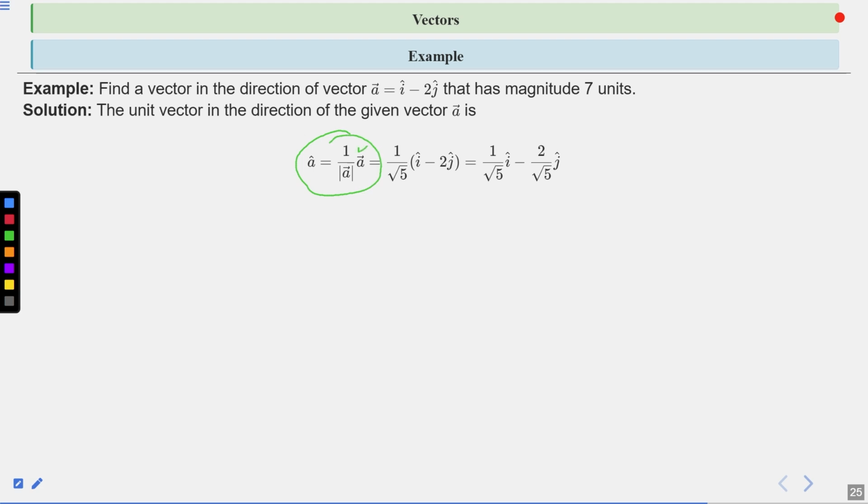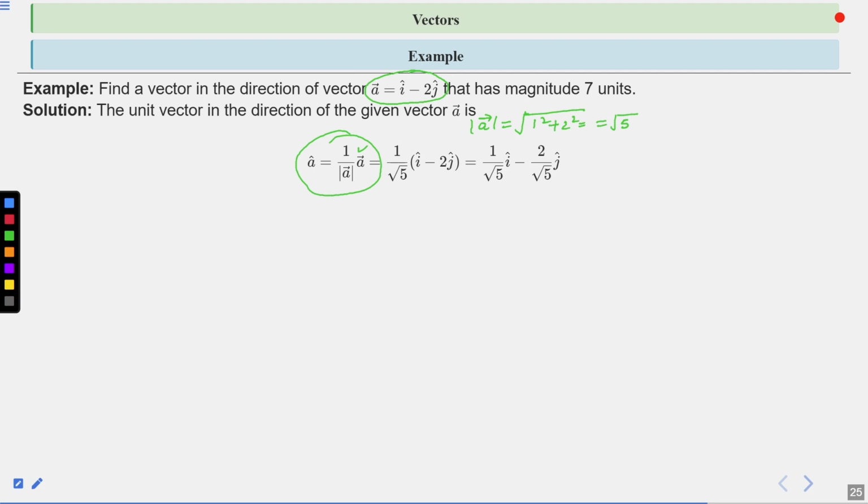So what is the mod of vector a? How can we calculate it? It will be under root 1 square plus 2 square, equal to under root 5. So it will be 1 divided by under root 5 times (i cap minus 2j cap).